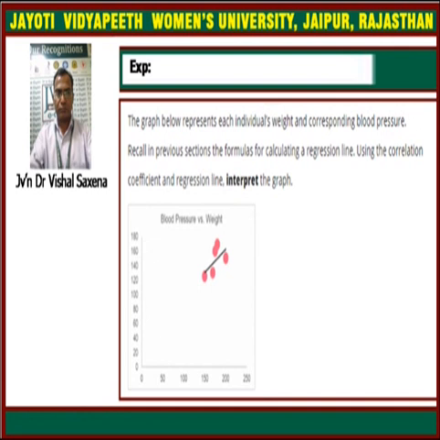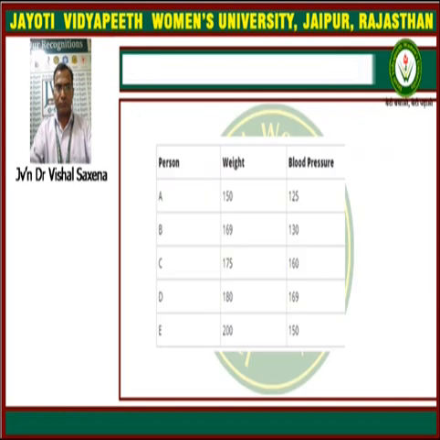So here a graph between the blood pressure and the weight is given, between the two variables, one is blood pressure and second is weight, and a table is given for 5 individuals, A, B, C, D and E. So weights are given and blood pressures are given there.